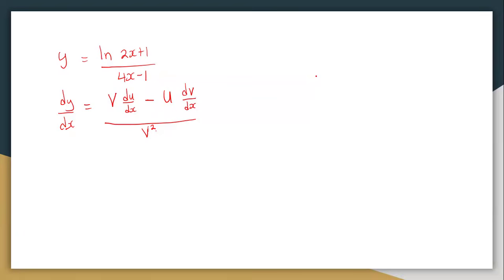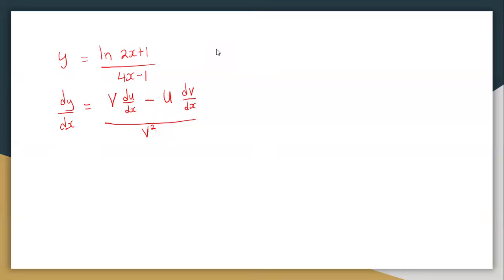Okay, I know members are working. How do you know, Joan, that you have to apply a certain rule? When you find that you are dividing two things, that is quotient. When you are multiplying two functions, that is product rule.